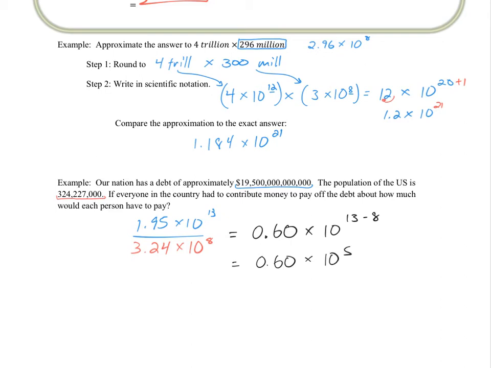But since we are moving the decimal point to the right, we will subtract 1, and that'll give us 6 times 10 to the 4th power, which is, and this is all approximate because we're rounding here, about $60,000 per person. That's it, $60,000 per person, and the whole United States could be out of debt. Start paying up, everybody.